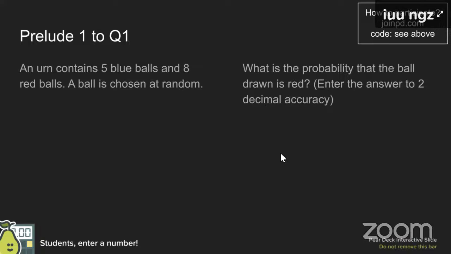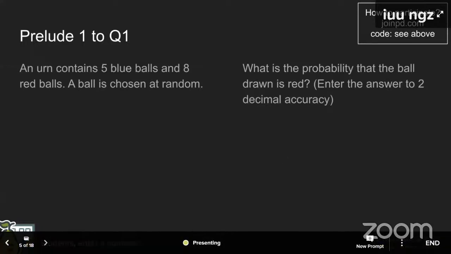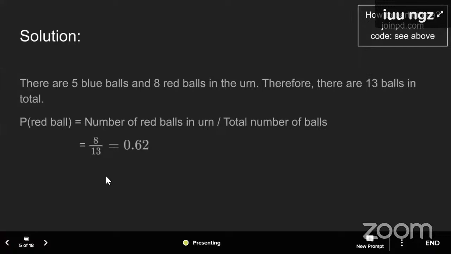If you choose one ball at random, the probability of that ball being red will be the number of red balls in the urn divided by the total number of balls in the urn. That should be 8 divided by 8 plus 5, which is 13. So 8 divided by 13 would be 0.62.